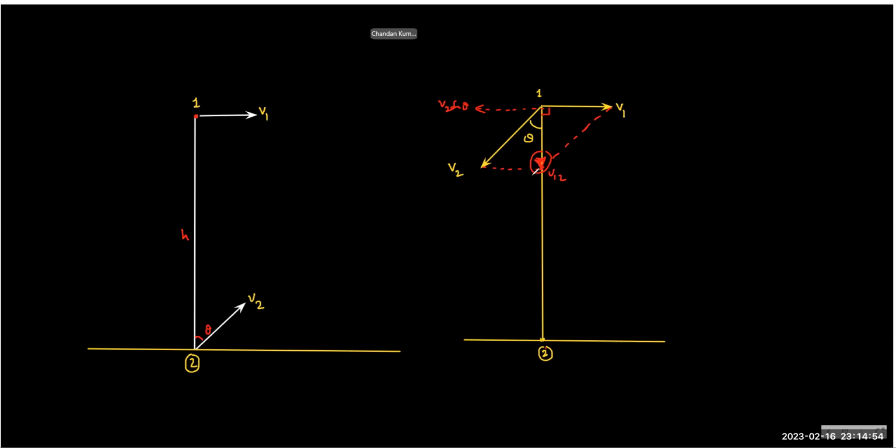Is this clear? So that's simple. v1 must be equal to v2 sin theta, which we have got from here itself. And because 2 will never see any acceleration, it will only travel with v2 cos theta. So how much time will it take to travel h? Distance upon speed, and we are done. Is this clear?